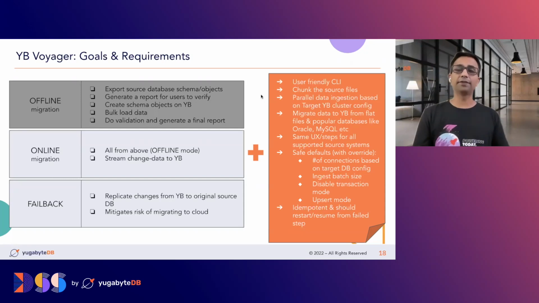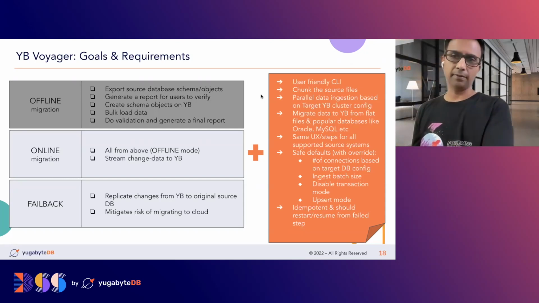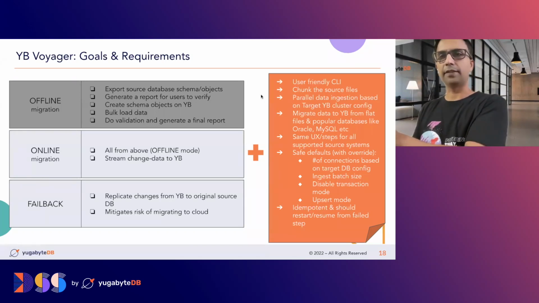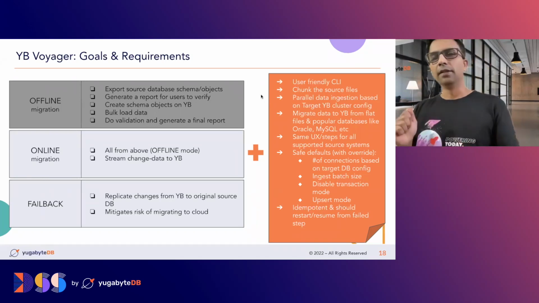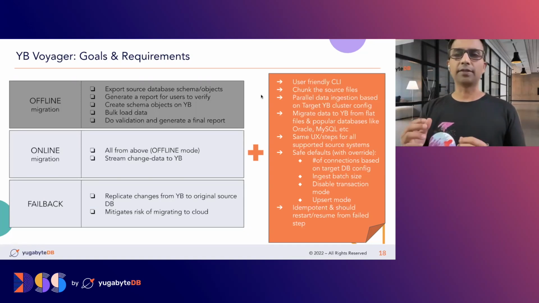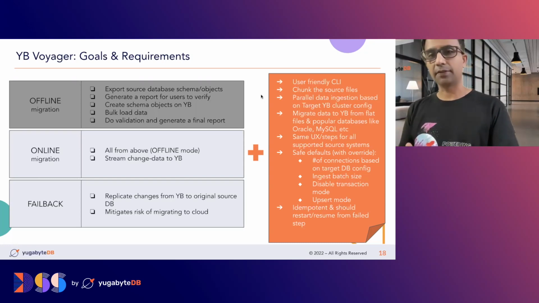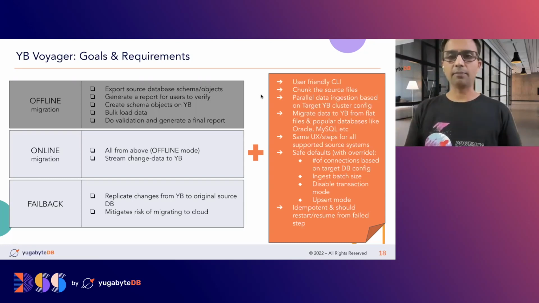And some safe defaults we want to introduce, as in if there is a 3-node Yugabyte on the target side versus a 10-node Yugabyte cluster, to be able to dynamically figure out the right number of connections and the right batch size depending on the cluster configuration on the Yugabyte side, disabling transaction mode, enabling upsert mode.